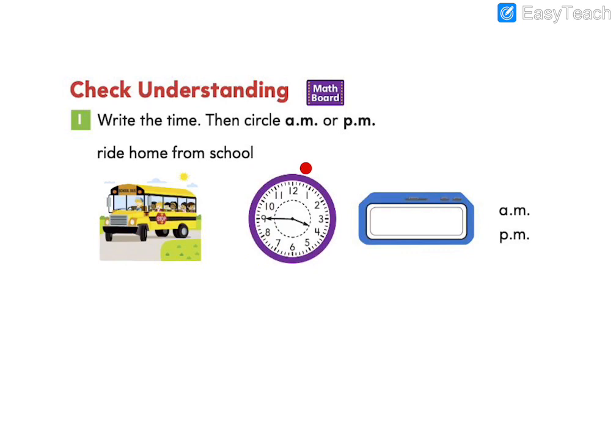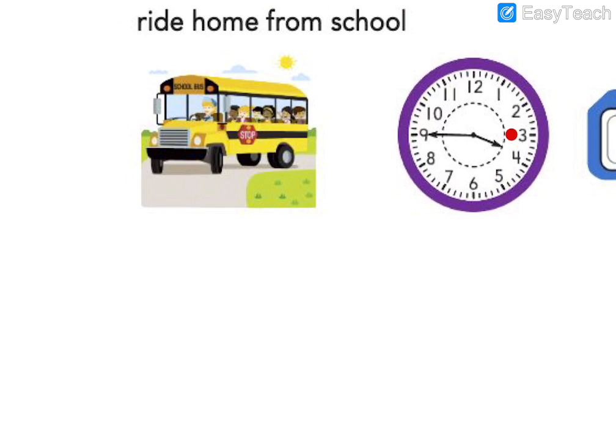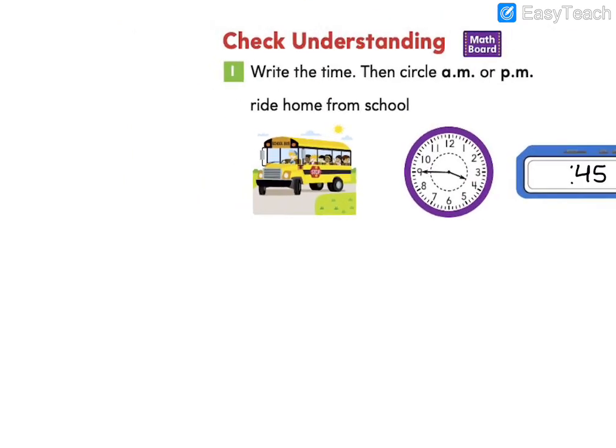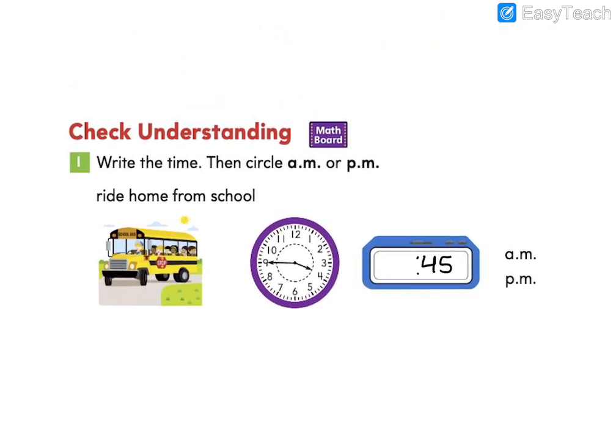The first thing I'm going to do is read the clock. I'm going to find my minutes first. 5, 10, 15, 20, 25, 30, 35, 40, 45. Now my hour hand looks really close to 4, but it's not quite at 4 yet.